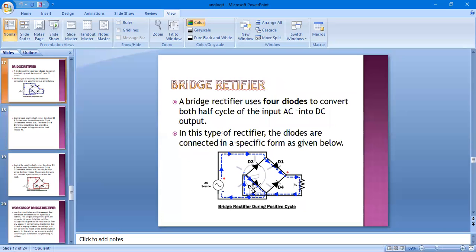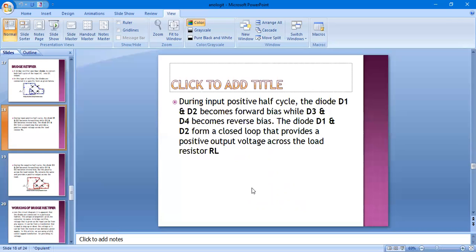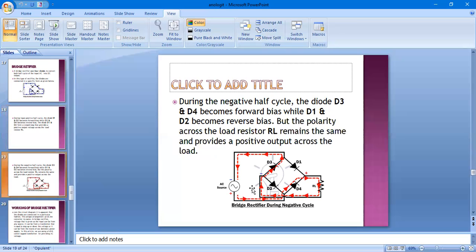Here you can see D3 and D4 become reverse biased and D1 and D2 become forward biased, providing output voltage across the load resistor. During the negative half cycle, the diodes D3 and D4 become forward biased, while D1 and D2 become reverse biased. In the negative half cycle, it is the reverse of the positive half cycle.